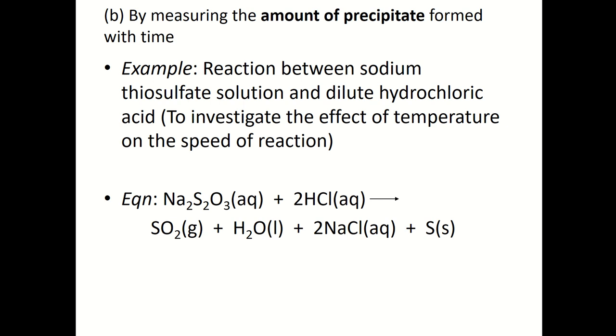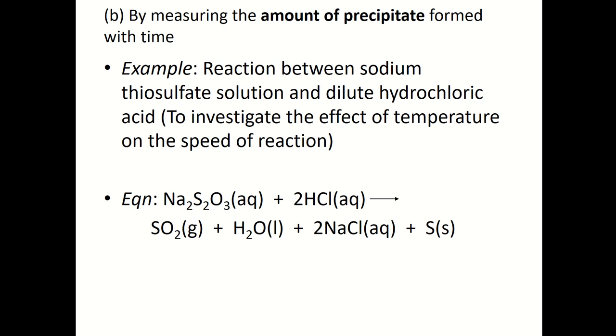Okay, and finally, the third method to measure speed of reaction is by measuring the amount of product produced with time, especially if your product is a precipitate or colored product. Okay, so one example is actually like the iodine clock experiment that we have done in class. So when you mix two colorless solutions, what happens is when reaction takes place and the iodine produced reacts with the starch, it gives a blue coloration.